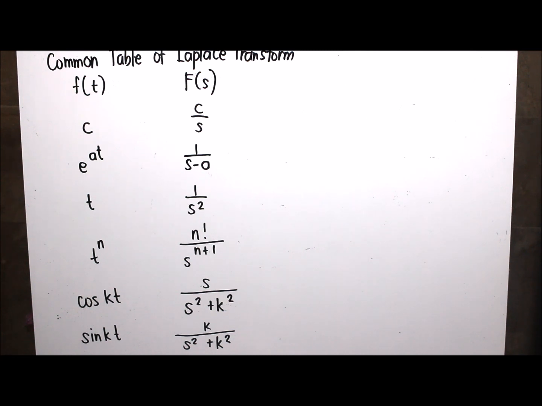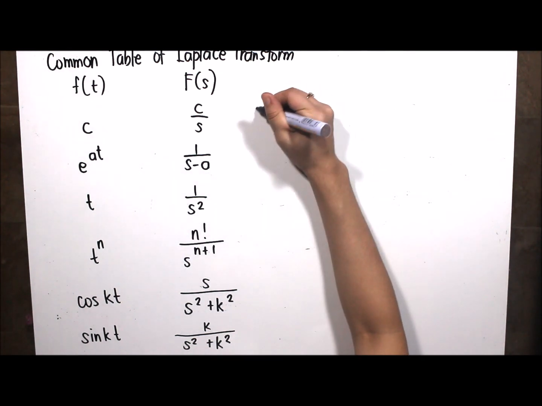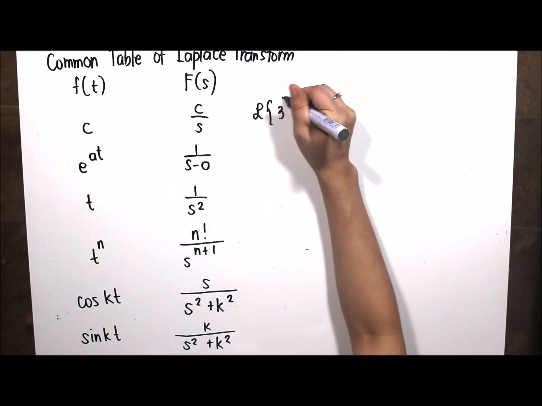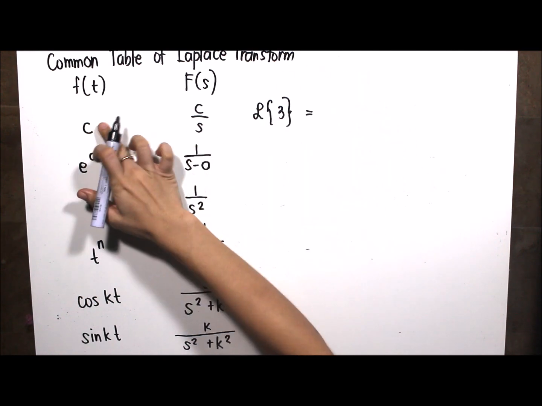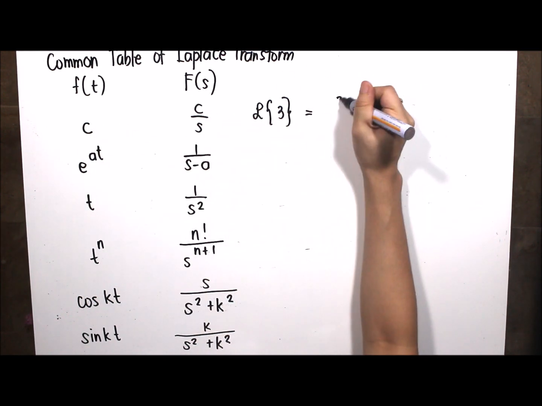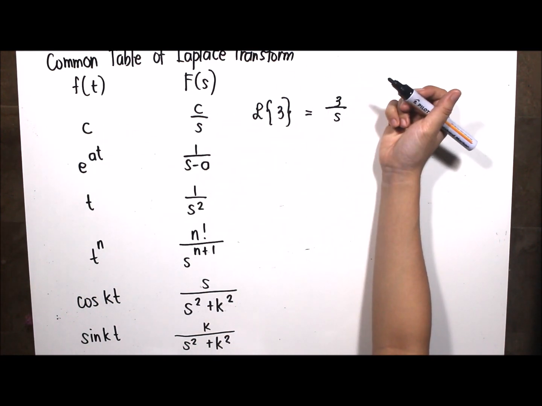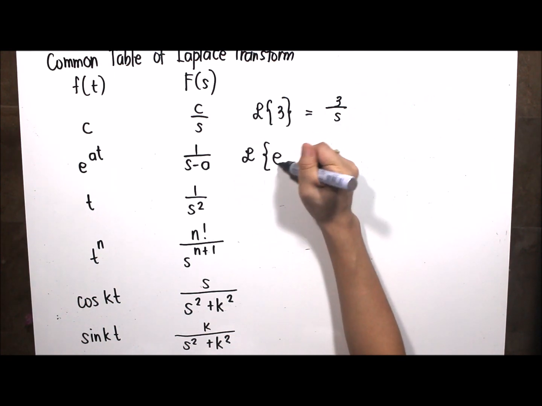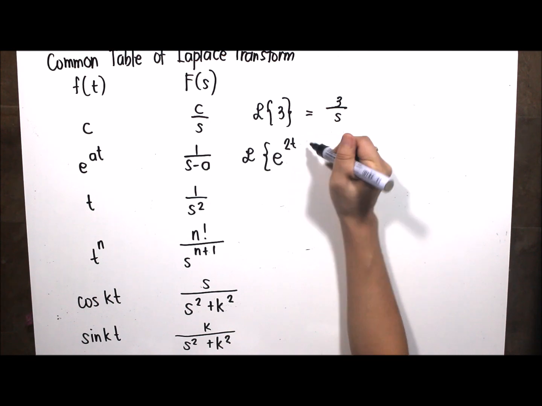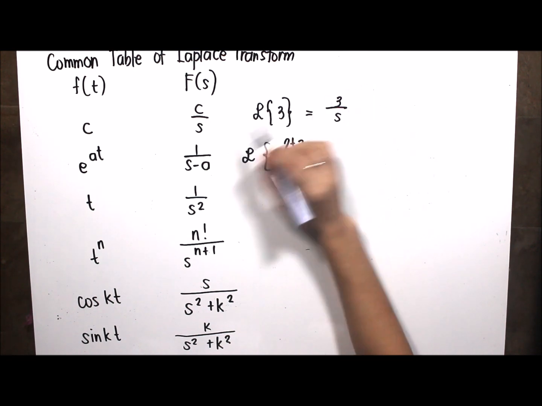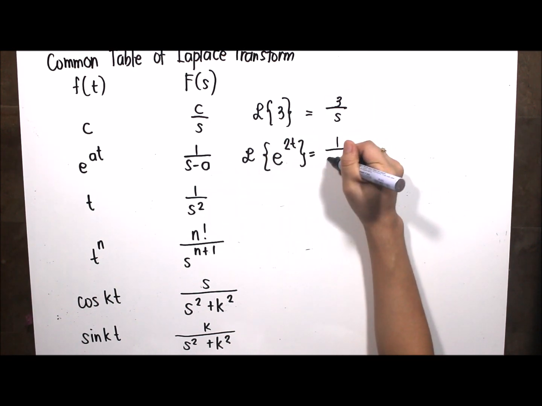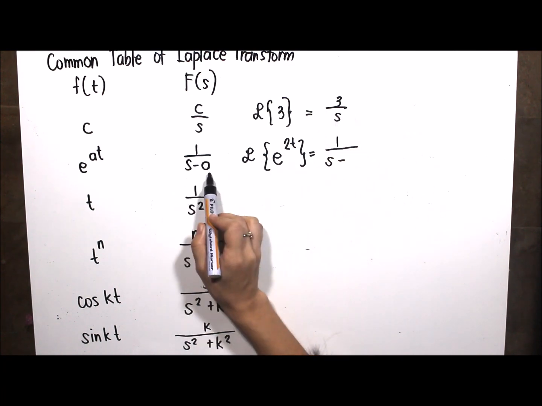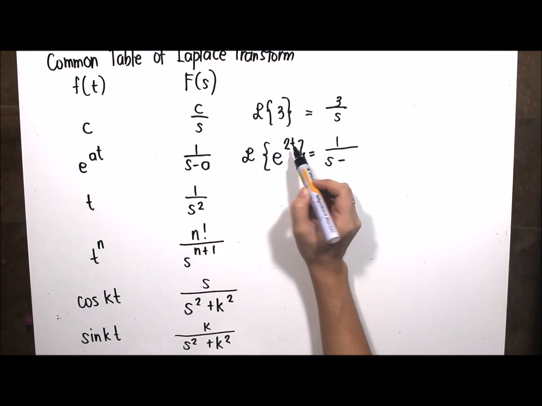As an illustrative example of the formulas, if we take the Laplace transform of 3, which is a constant, the answer will be 3 over s. If we take the Laplace transform, for example, of e raised to 2t, that would be 1 all over s minus a, where a is the coefficient of the exponent.